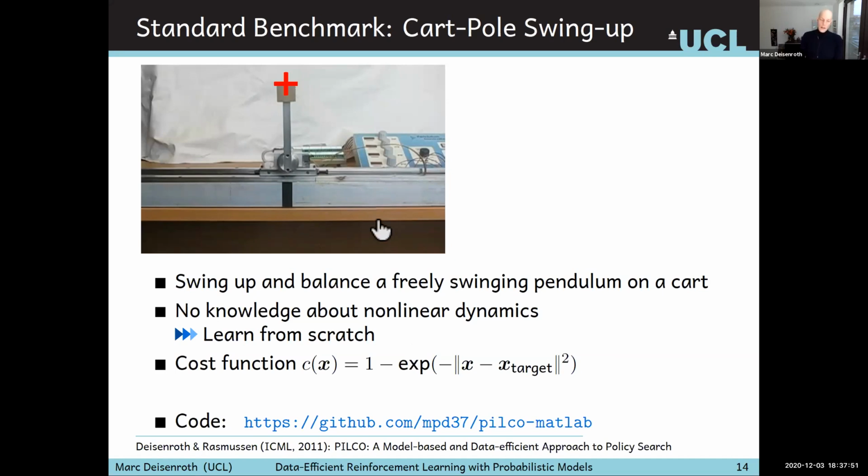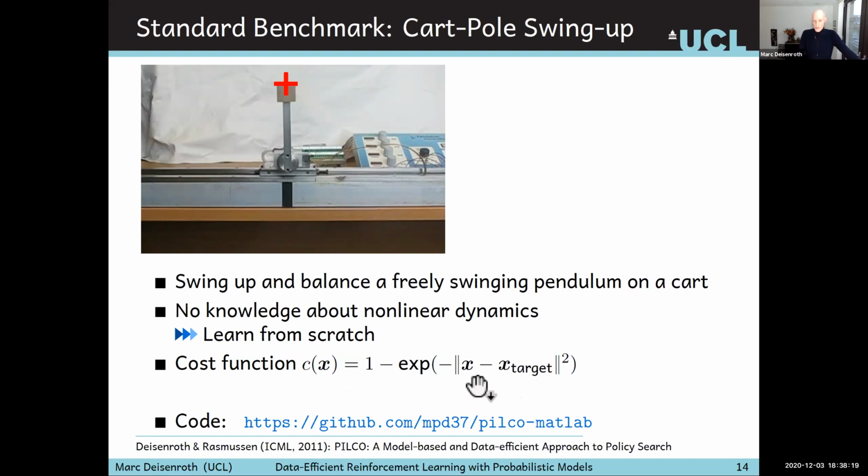We do not use any specific knowledge about the nonlinear dynamics, except that we make some smoothness assumptions. We could write down the ODE, but we don't use that kind of knowledge. We just collect data from the system and then learn from scratch. As a cost function, we use this particular one here, which is 1 minus an exponential of a negative squared distance.